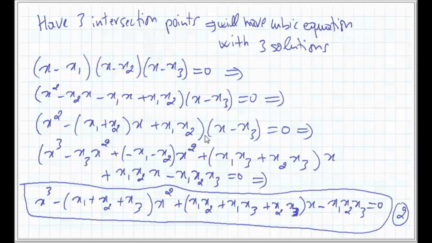Then we multiply x squared by x, which gives us x cubed, and x squared by -x3, etc., and we end up with this equation.